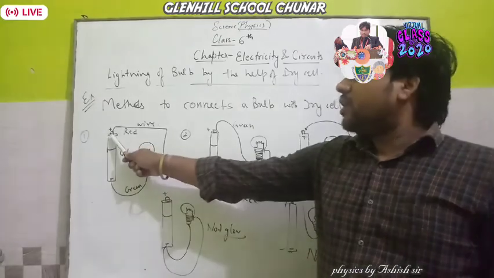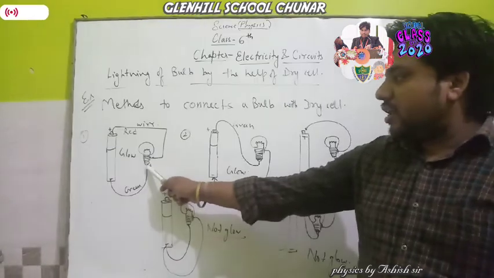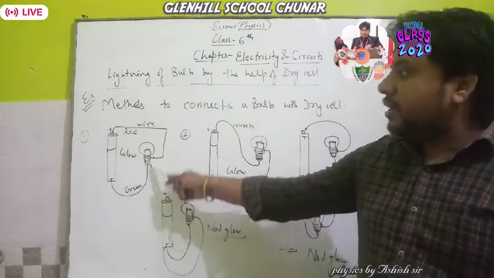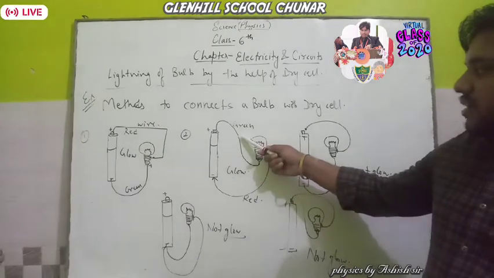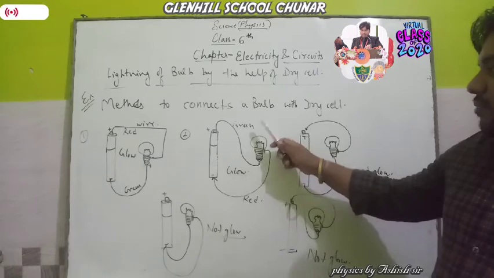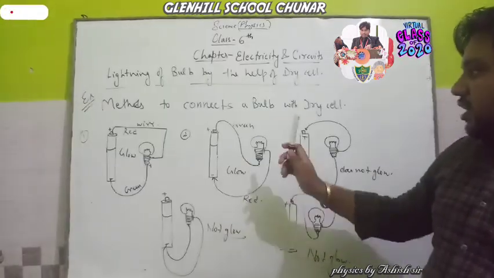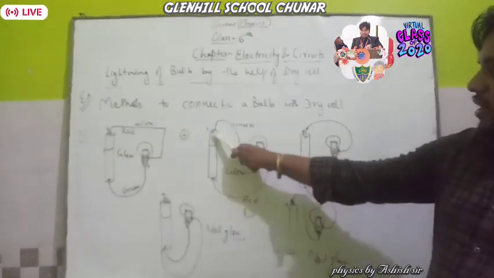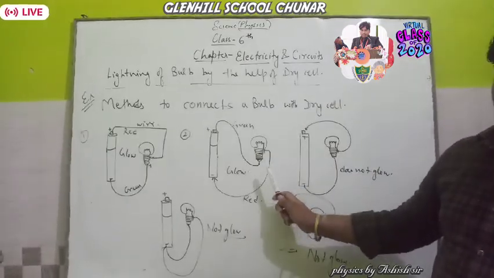Because one end of the wire is connected to one end of the bulb, and the other end of the bulb is connected to the other end of the battery. So in this case the circuit is complete and the bulb can glow. In the second case, we only change the position of the wire. Here the red wire is connected, here the green wire is connected. In this case also, one end of the bulb is connected to one end of the battery and the other end of the bulb to the other end of the battery. So in this case also the bulb will glow.